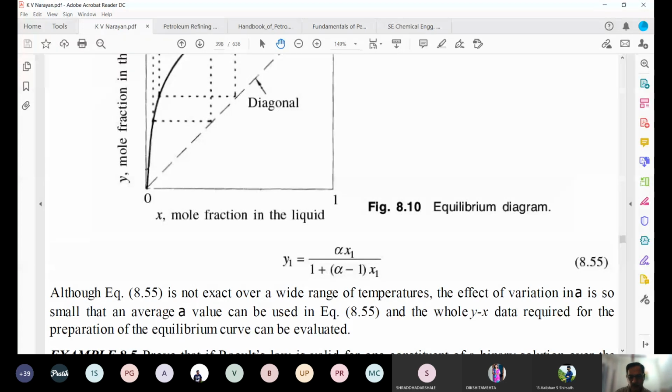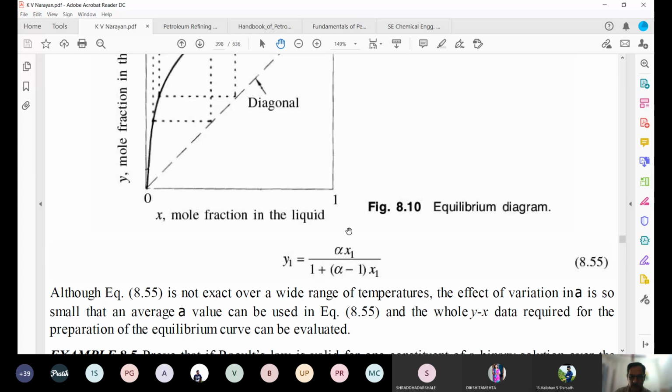Does it make sense? I'll leave this to you as an exercise. Calculate alpha at home for each of those 6 points. P1s and P2s are given, and alpha is P1s upon P2s. Take an average of all the 6 points and put the average alpha here. You get an equation of y1 versus x1.